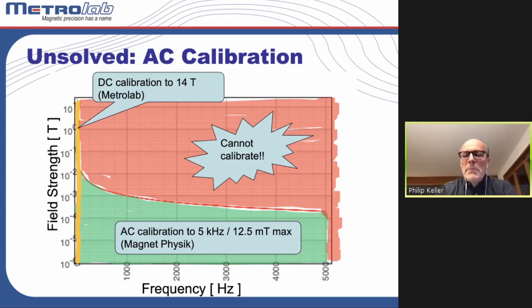And you can measure up to a certain frequency limit, and I believe Magnetphysik is the champion there. They have equipment to calibrate out to 5 kilohertz. But as you can see, only up to the millitesla range. The field strength is plotted on a log scale, just so that I wouldn't end up with just a green line along the bottom axis. So there's actually a huge area that we cannot calibrate.